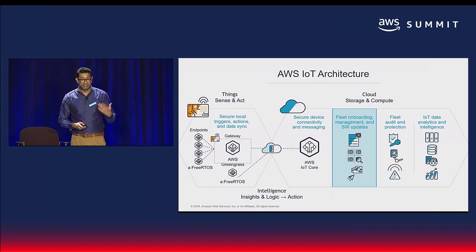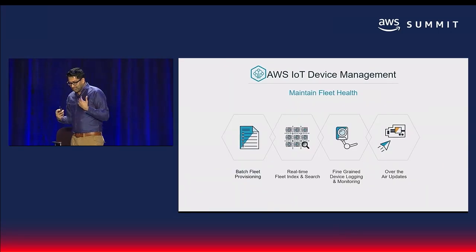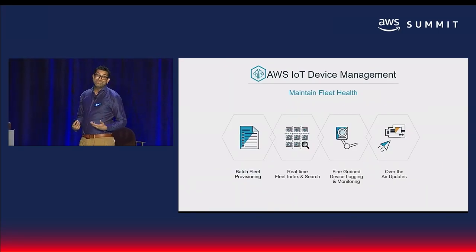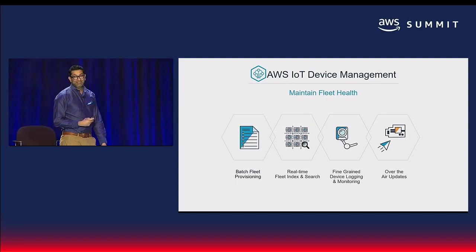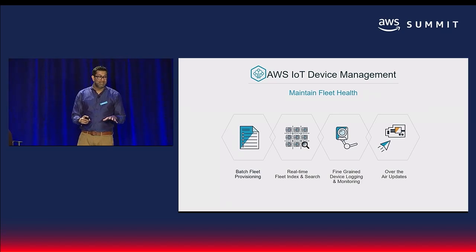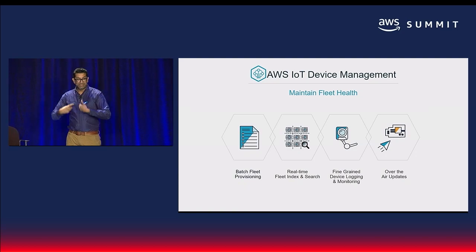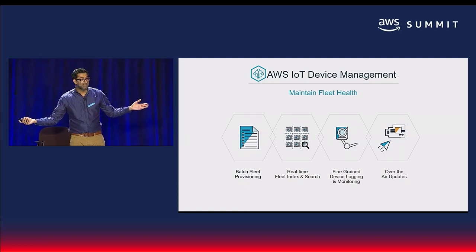Fleet onboarding is one of the other nice services we have. It's called AWS IoT Device Management, and it allows you to batch provision. So if you have multiple devices, and I'm talking thousands, where you want to provision them, you set up a JSON template, and then you can run it against those devices.